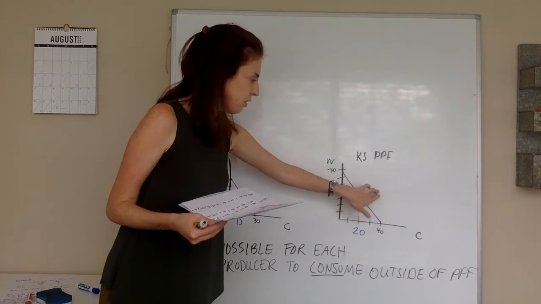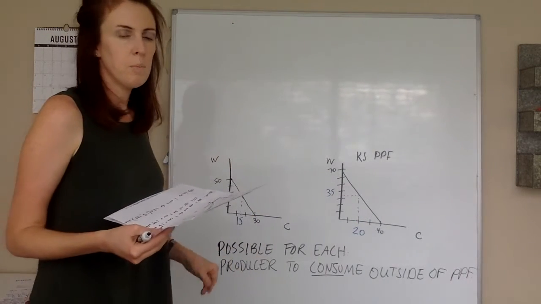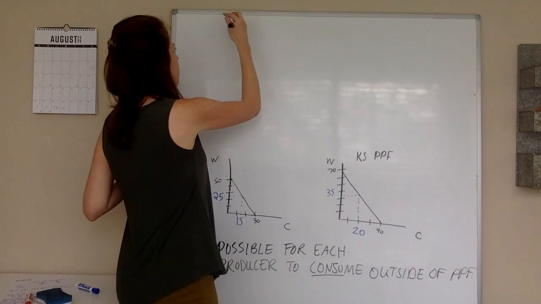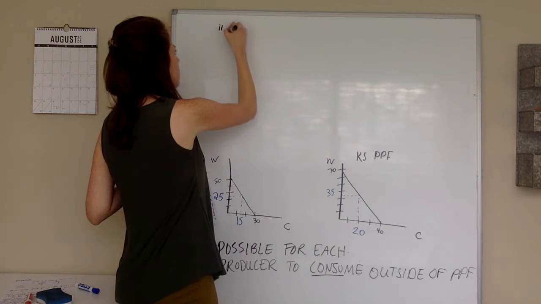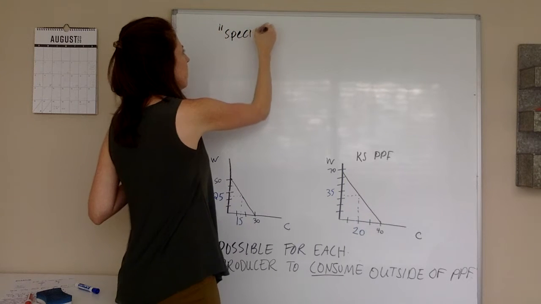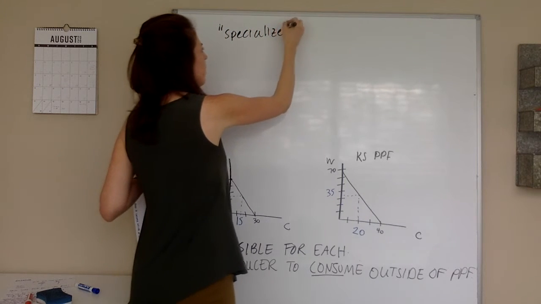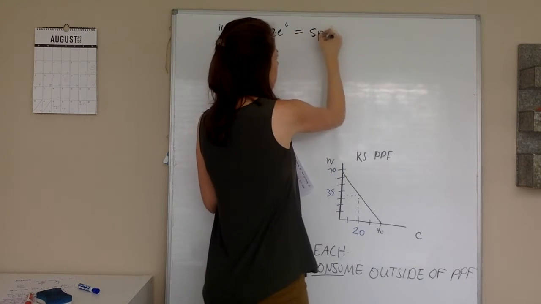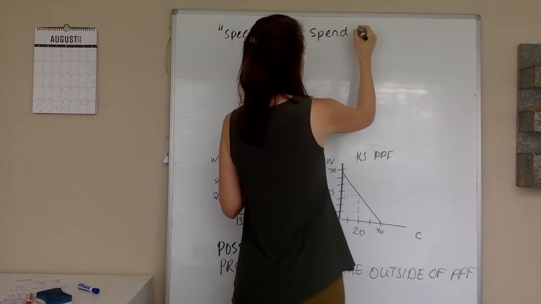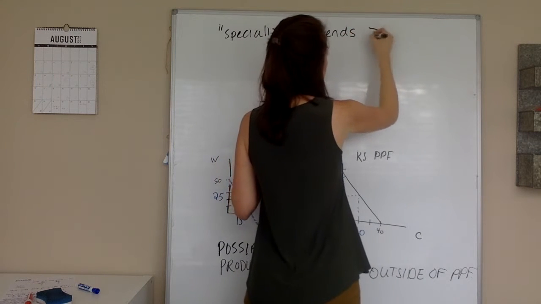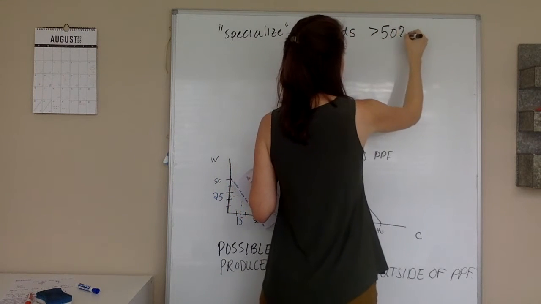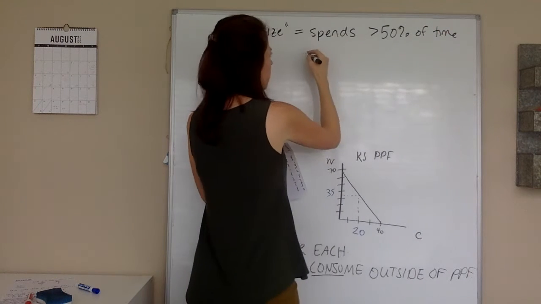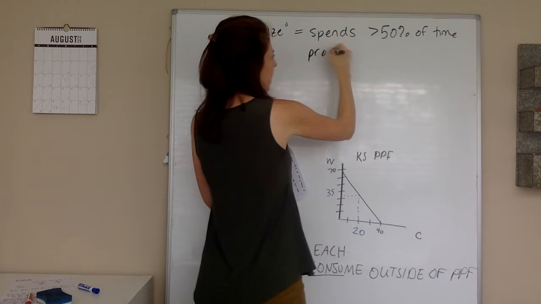If you spend more than 50% of your time producing corn, then you're specializing in corn. So just to make sure you have this in your notes, specialize simply means that the producer is spending more than 50% of their time producing that thing.